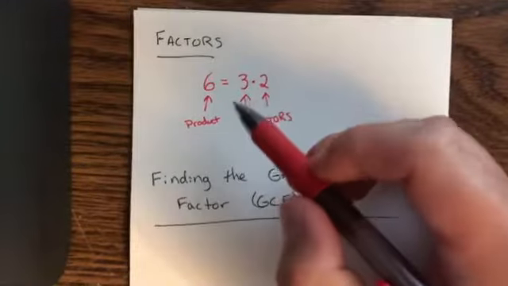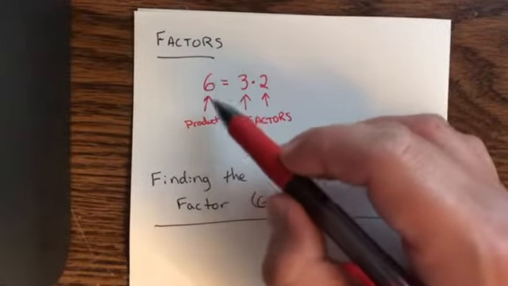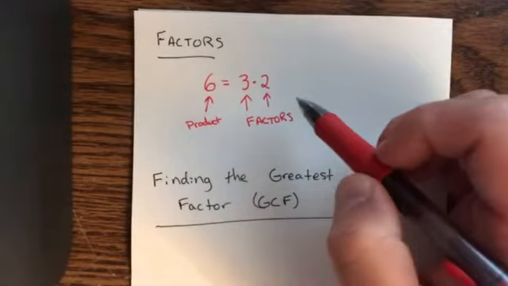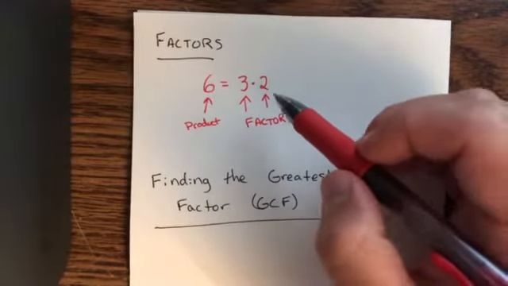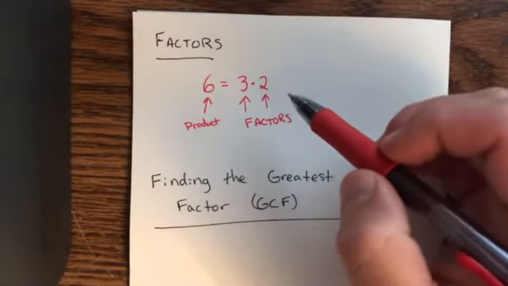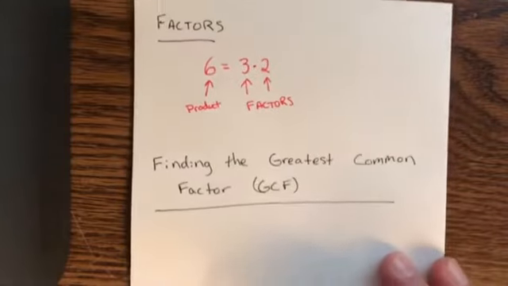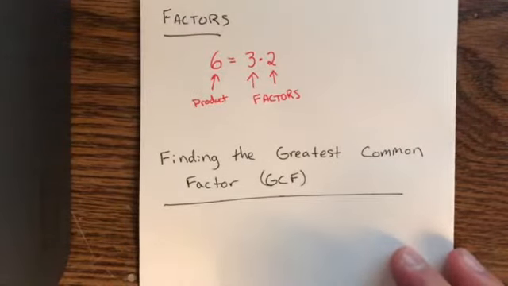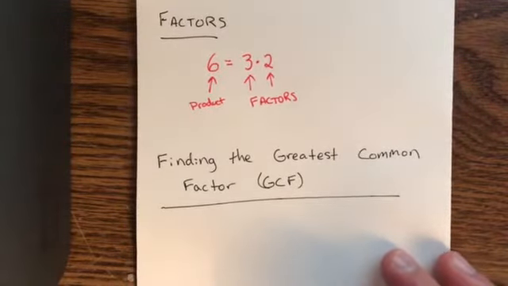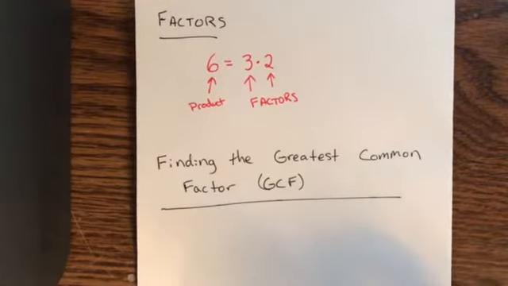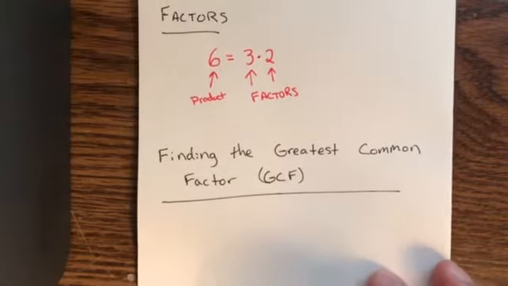So mainly today we're going to start with the number 6, and talk about its factors, or the things that multiply together to get 6. Okay? Specifically, we're going to look for the greatest common factor between two numbers.